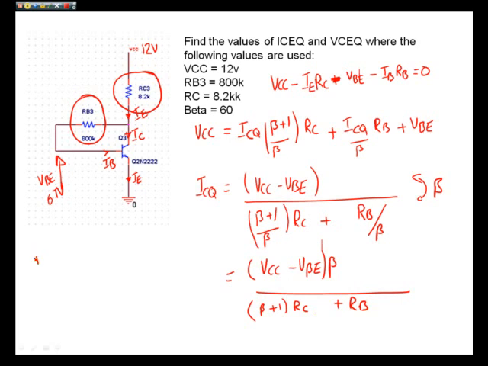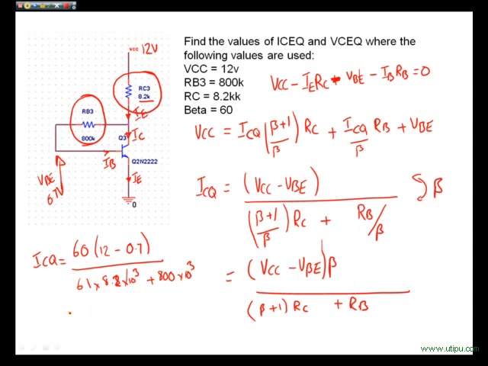If we plug all the numbers into that, we're going to calculate ICQ, our collector current. We have 60 multiplied by 12 minus 0.7, and on the denominator we've got 61, beta plus 1, multiplied by 8.2 times 10 to the 3, that's this 8.2k, our collector resistance, plus 800 times 10 to the 3, which is our base resistance here.